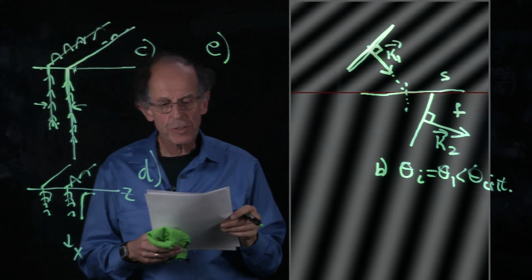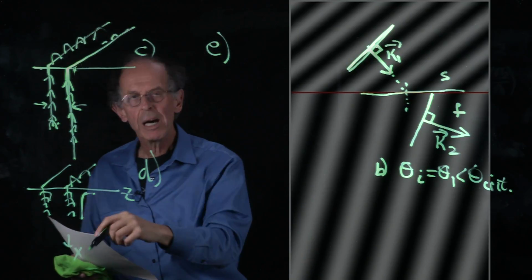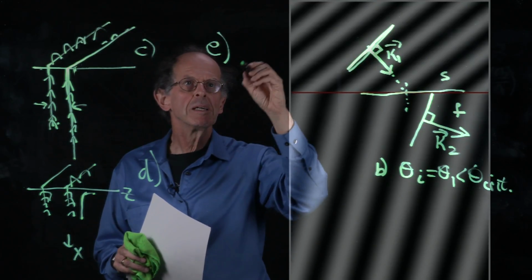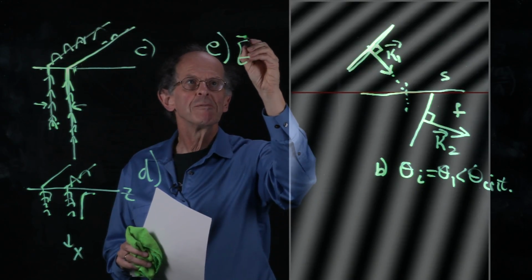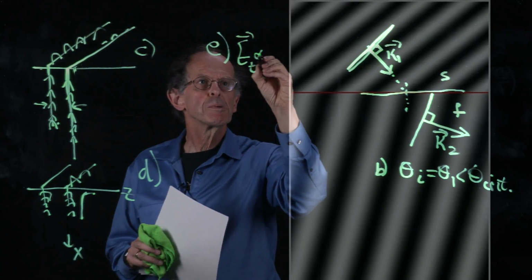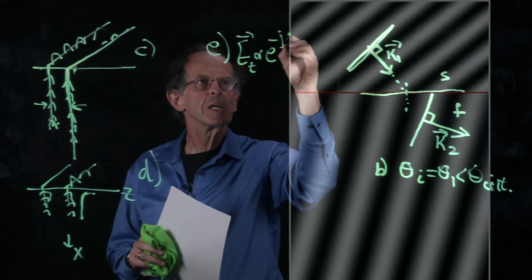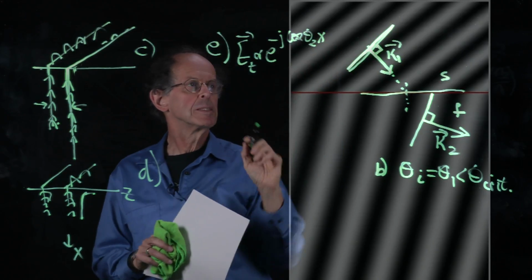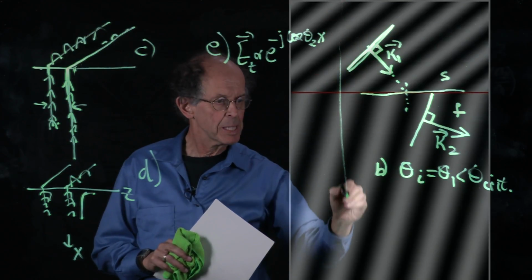Now E, use equations to confirm this. Well, we actually did that in the previous question because the transmitted field is proportional to e to the minus j cos theta 2 x. That's what we found out.